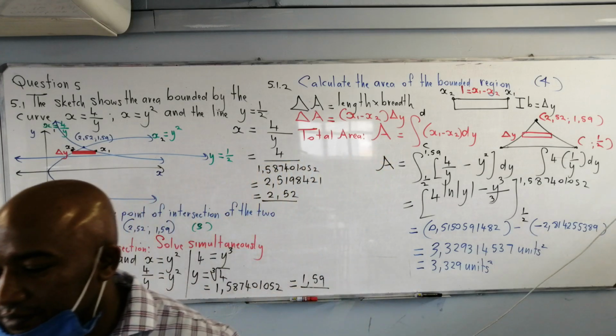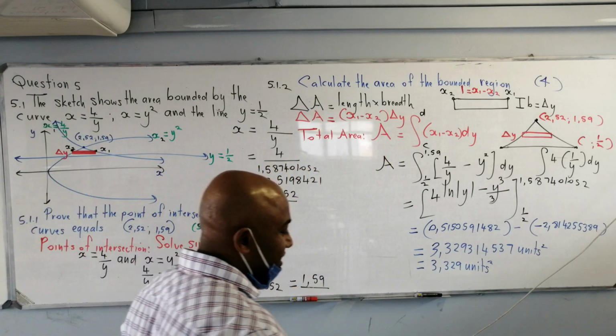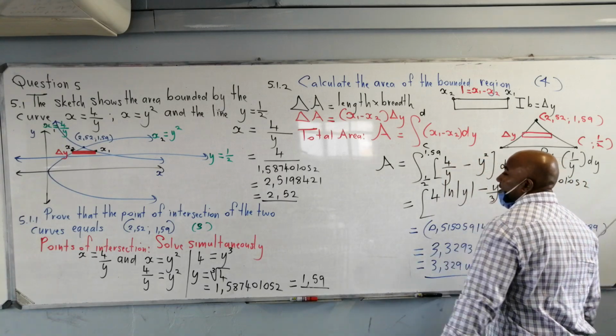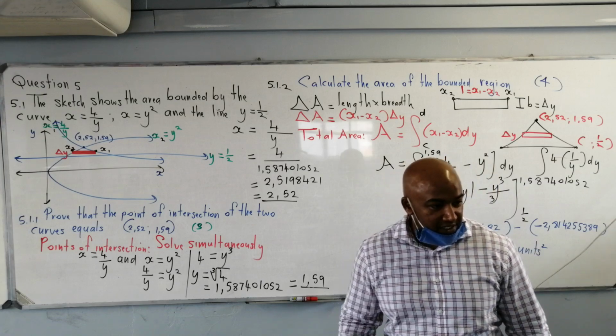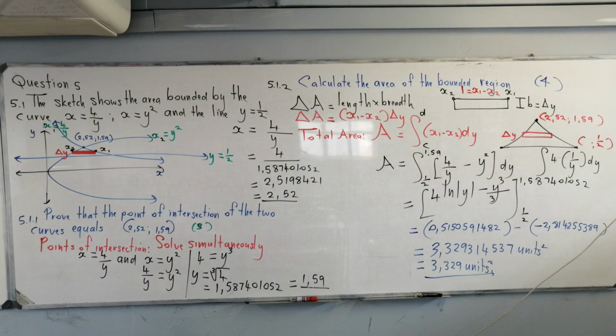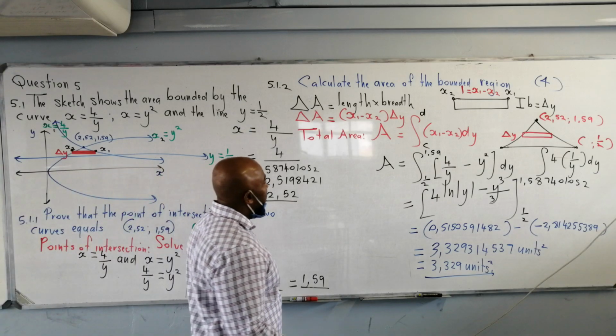Right, I'm still using this calculator. So now that's one way of dealing with it, using a representative rectangle of delta y. Now, what happens if you use a representative rectangle of delta x?